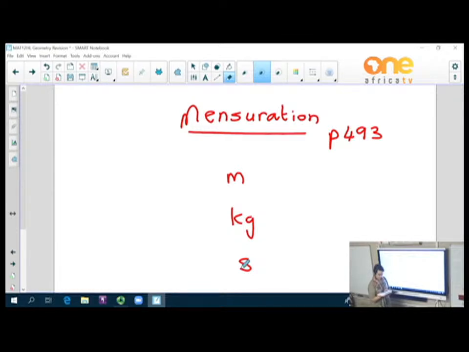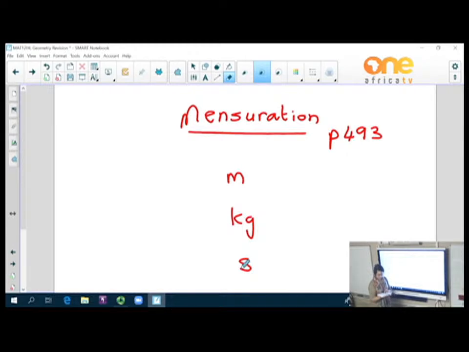So the large ones is trillion, billion, million, thousand, hundred, 10. And then you also have the small ones, tenth, hundredth, thousandth, millionth, billionth, trillionth. And those are the prefixes that they also use there.